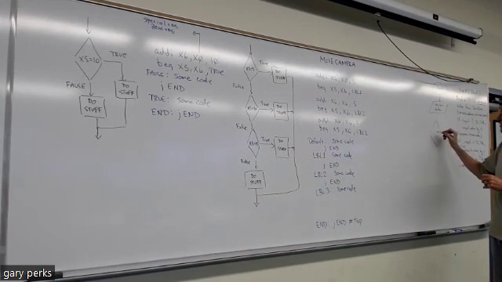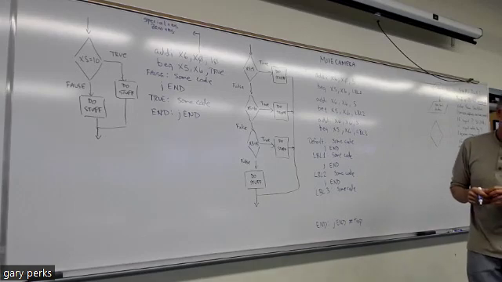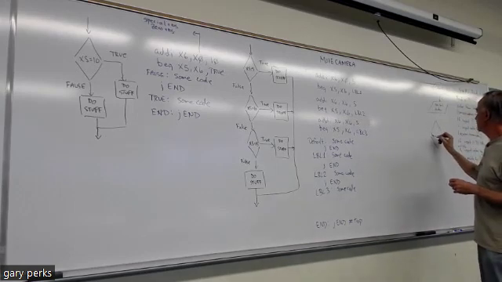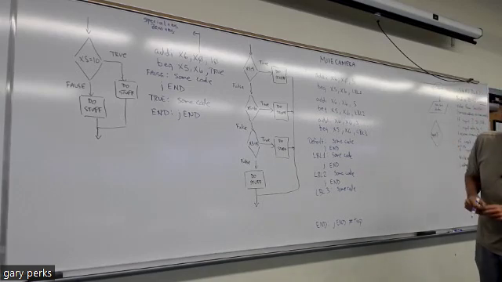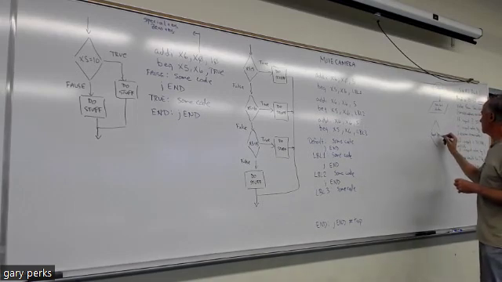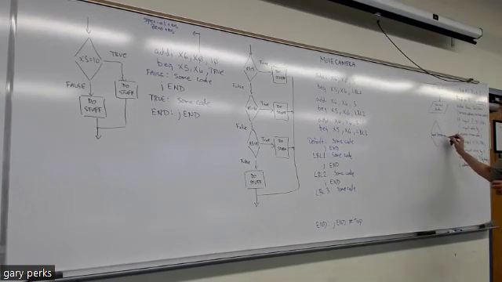So we're looking to see whether, let's see, how did I write it? Whether the input is greater than or equal to the number 32,768. Okay, and if it's true, we'll go this way. If it's false, we'll go this way.